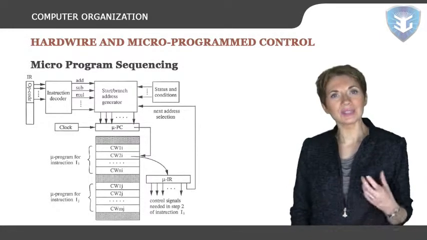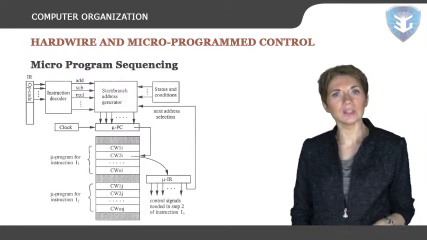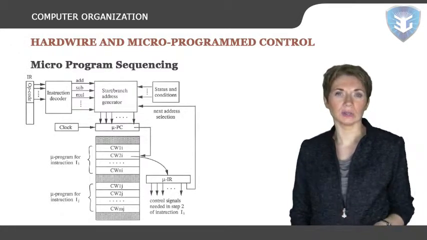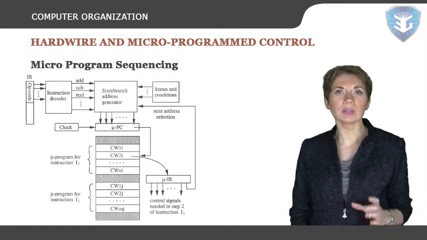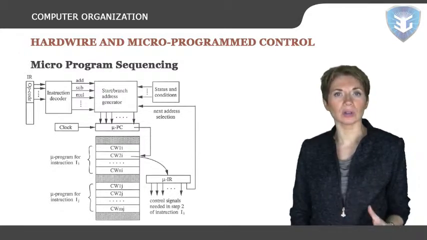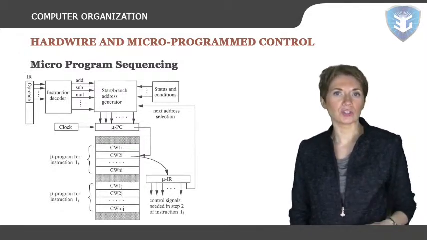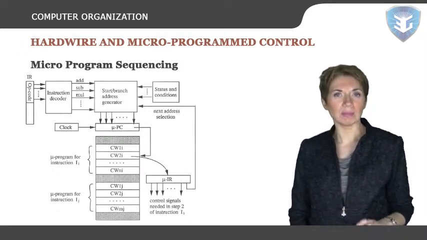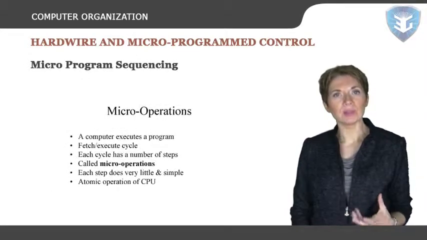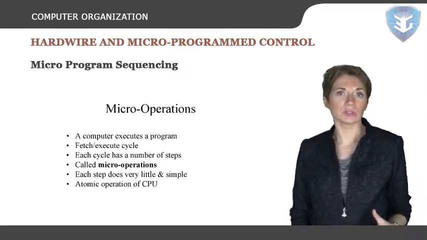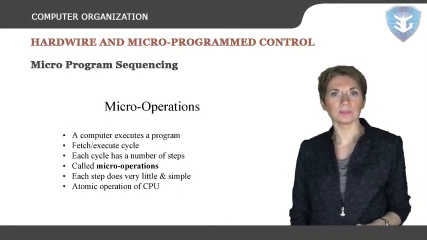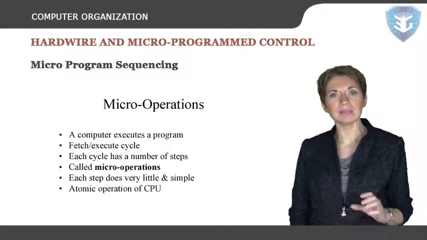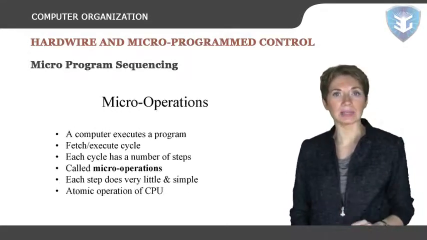In order to understand this method, it is convenient to think of sets of control signals that cause specific microoperations to occur as being microinstructions that could be stored in a memory. Each bit of a microinstruction might correspond to one control signal. If the bit is set, it means that the control signal will be active.